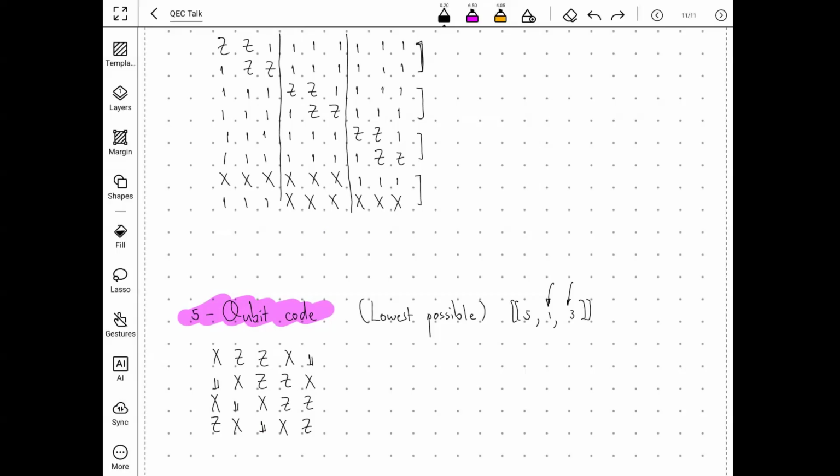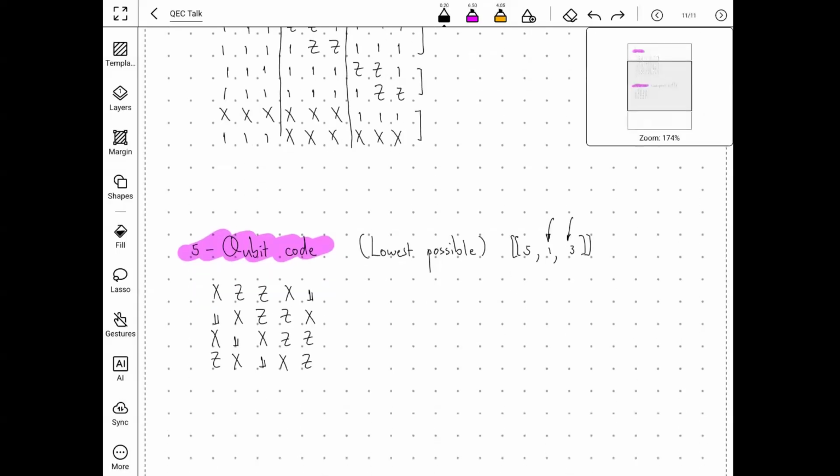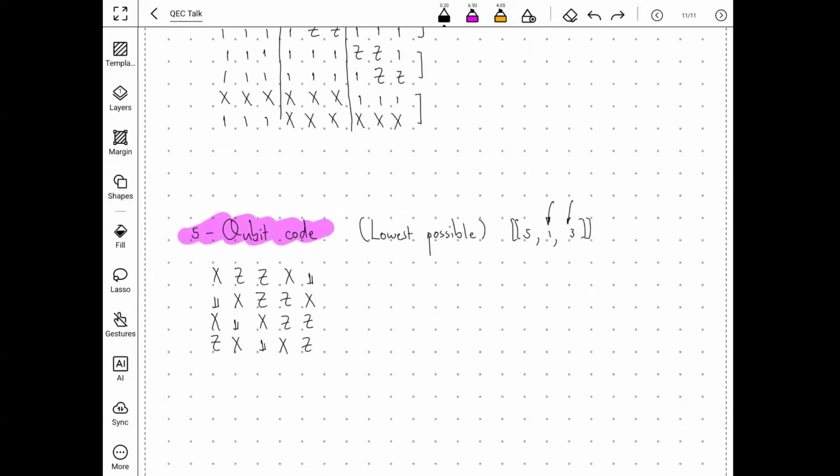So my question is, is it unique, this 5-qubit code? I wouldn't say it's unique because this is just 4 of its generators.